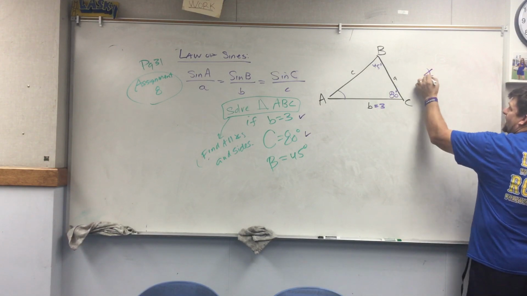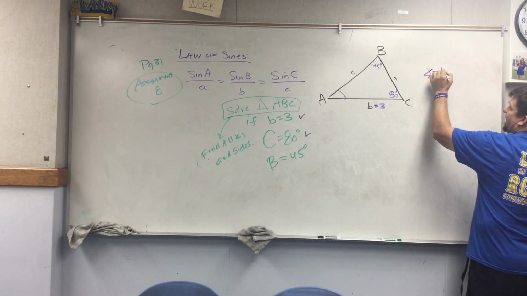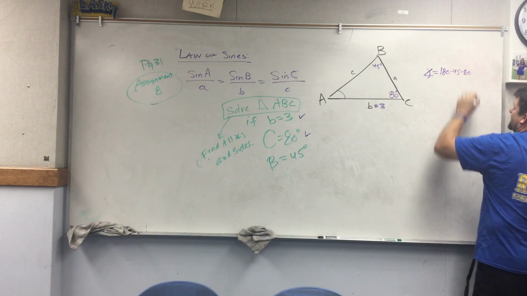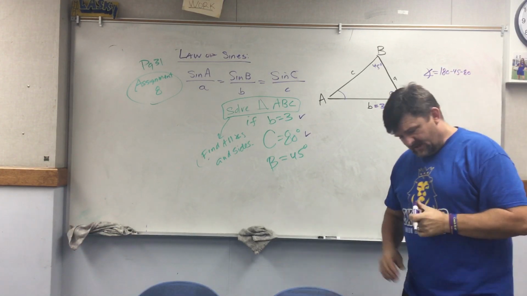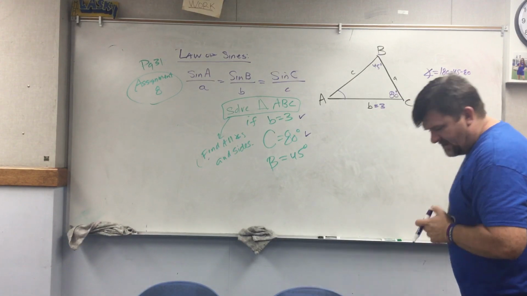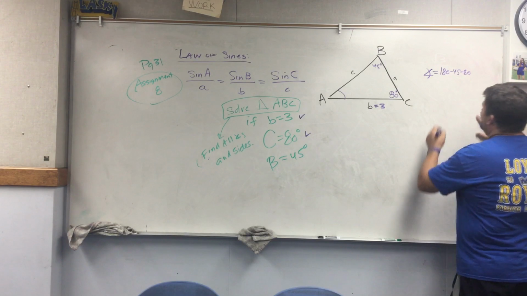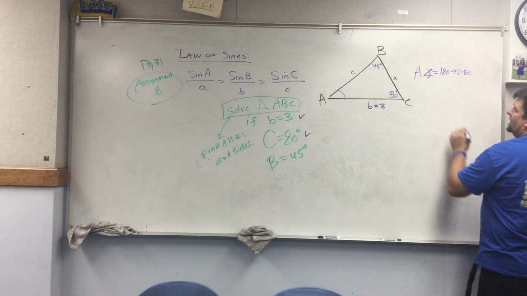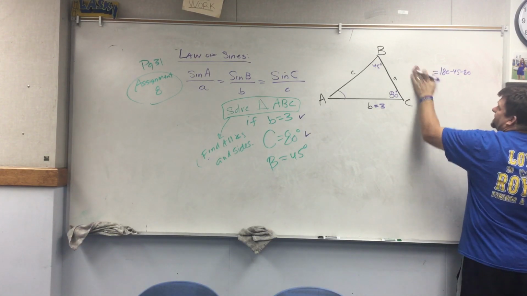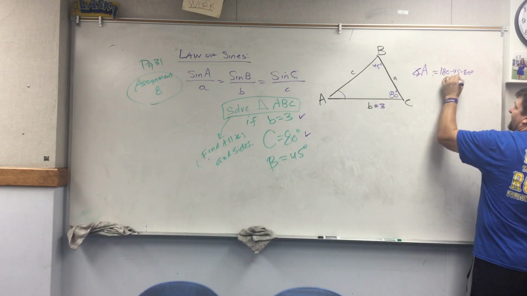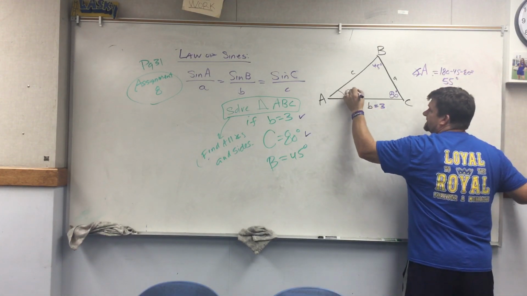So angle A is equal to 180 minus 45 minus 80 degrees. And I believe that is 55 degrees. So that's 125, 55 degrees. So angle A, it's the other way around, sorry. Angle A is equal to 55 degrees. So this one's 55 degrees.